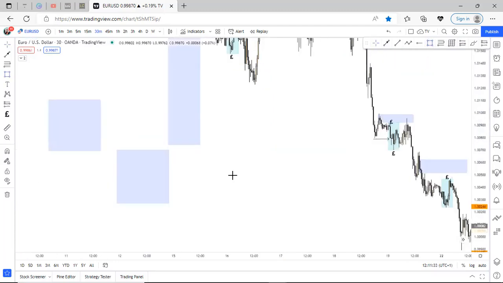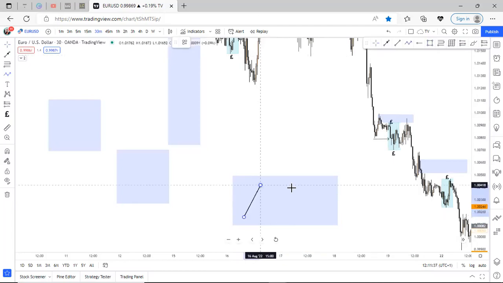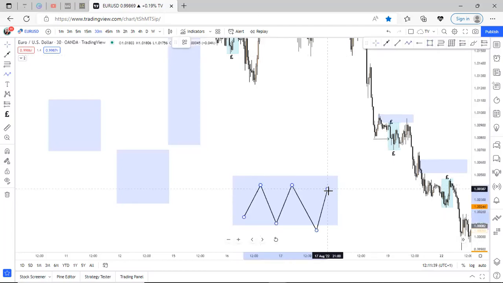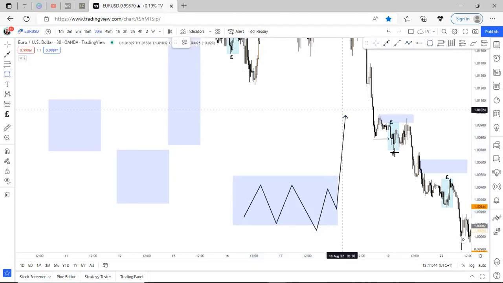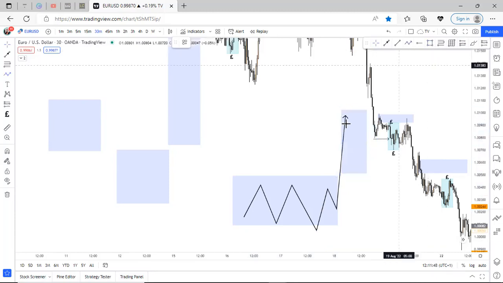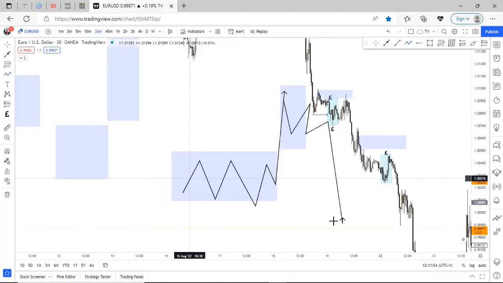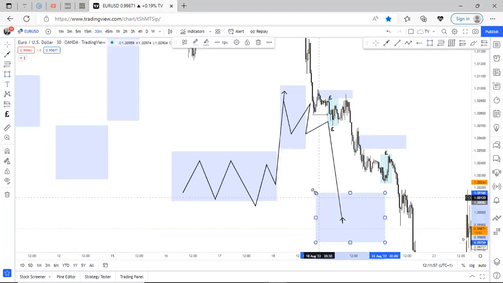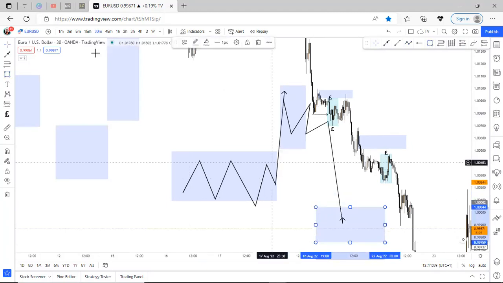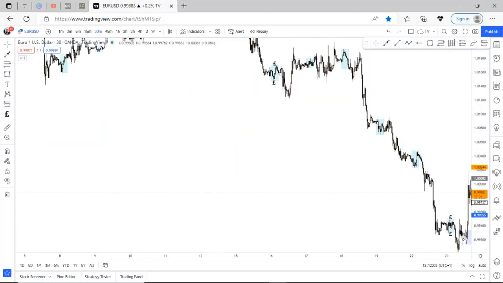Or sometimes we have the consolidation of the Asian session, then the London session might be a push to the upside. Then later on, we might have the corrective phase for the real move, and the New York session may be the real move to clear out the Asian range lows. Okay, so that's just the concept of this Asian range.